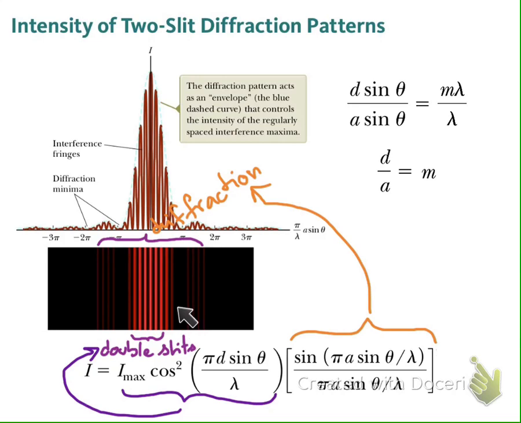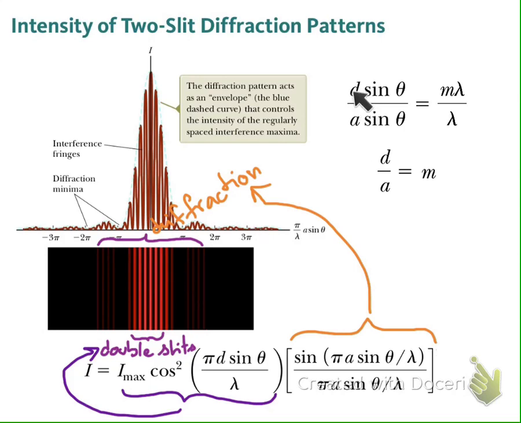At this point, the center of the dark fringe, the angle is equal to theta, and we have a sin theta equal to lambda, right? A sin theta equal to lambda is the position of the first dark fringe.